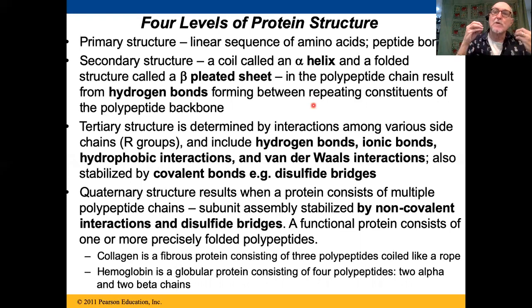And one of three things can result from that. The first is regular repetition of particular charges, influenced by the side groups as well, which will induce the formation of helices in the primary structure. So now our primary strand begins to fold, and it can fold into helical structures.